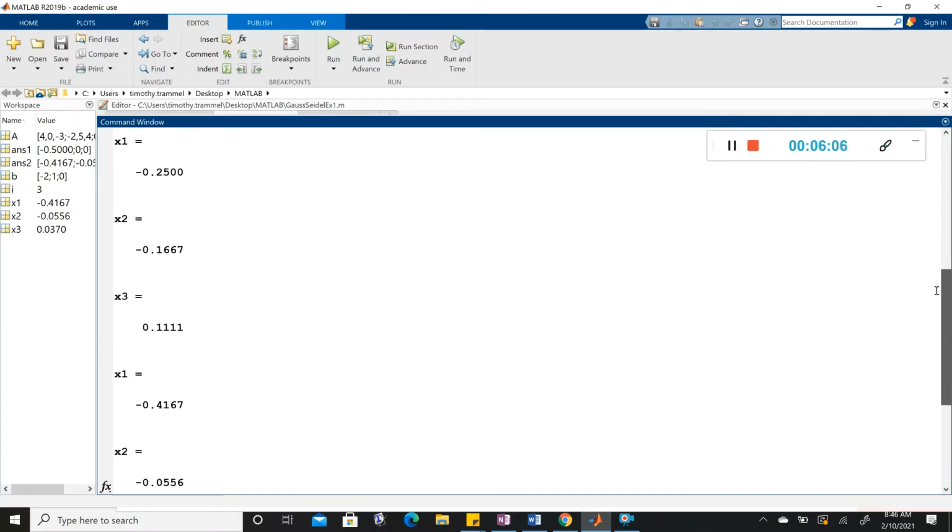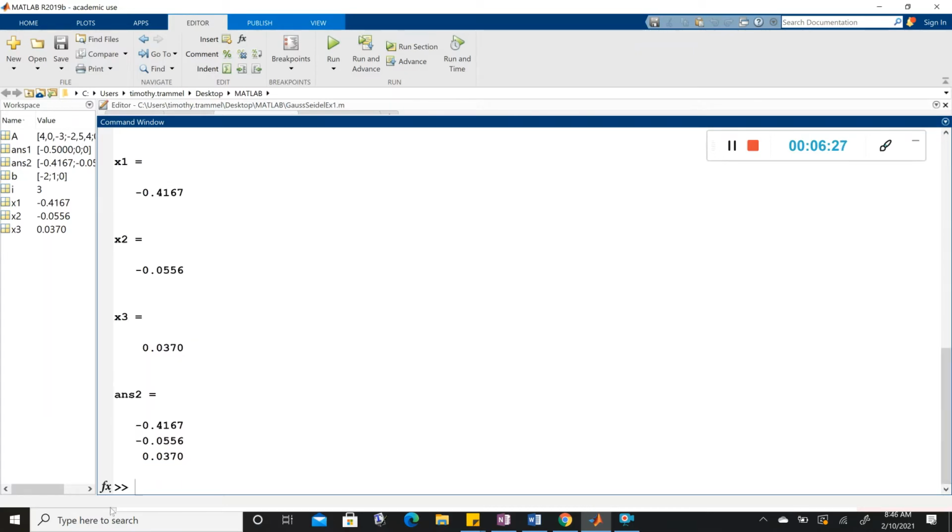Then it looks like we have minus 1/4, minus 1/6, and then 0.1111. But if you look at this third iteration, it's starting to get closer. X2 and X3 are actually getting pretty close to 0. X1 is getting close to 1/2. And here's our vector that is our answer from this technique.